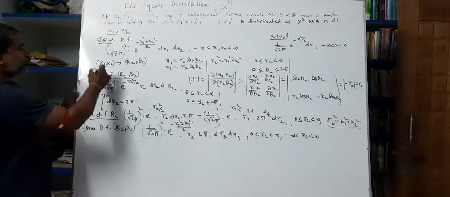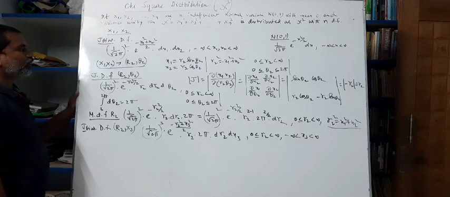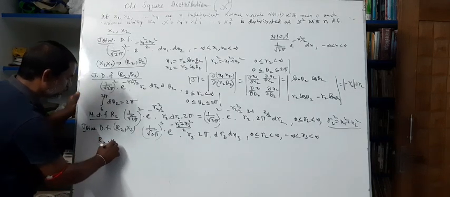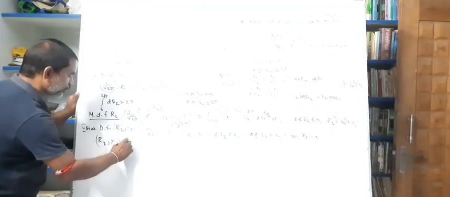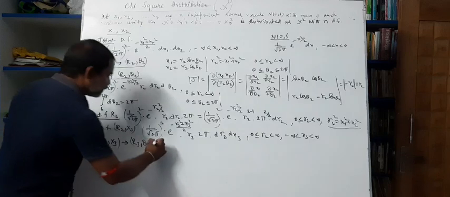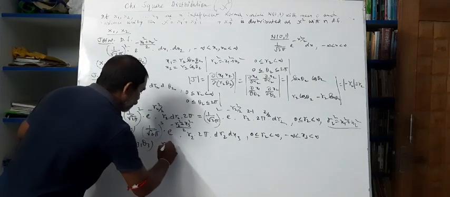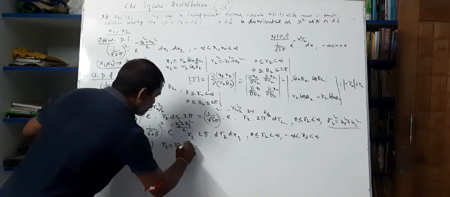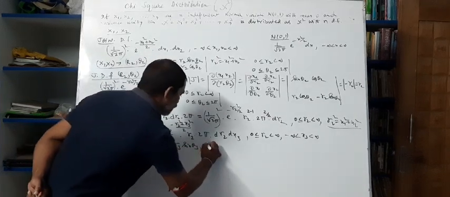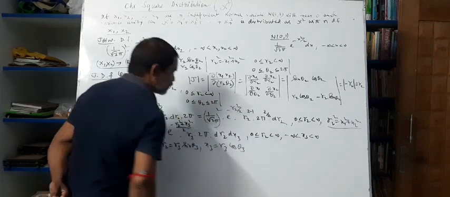Again, as before, using the polar transformation x1, x2 to R2, theta 2, here we use the polar transformation R2, x3 to R3, theta 3, using in particular R2 equal to R3 sine of theta 3 and x3 equal to R3 cos of theta 3.